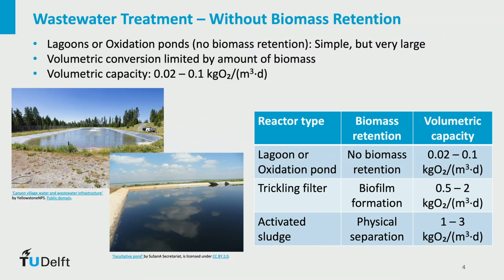Now compare that to systems with biomass retention like trickling filters or activated sludge processes, which are common in traditional wastewater treatment plants. These systems dramatically increase the volumetric capacity, meaning smaller equipment and lower cost. As you can see in the table on this slide, biomass retention makes treatment systems more compact and efficient than, for instance, lagoons.